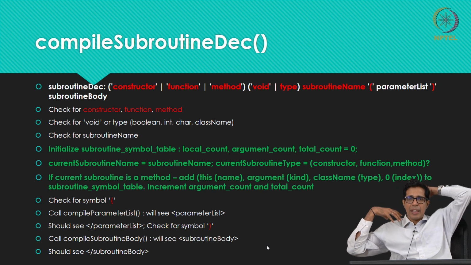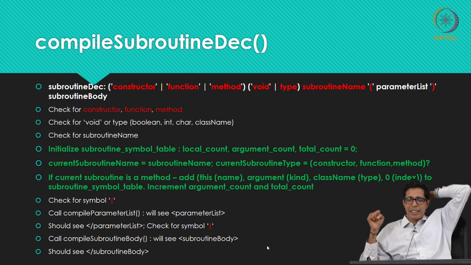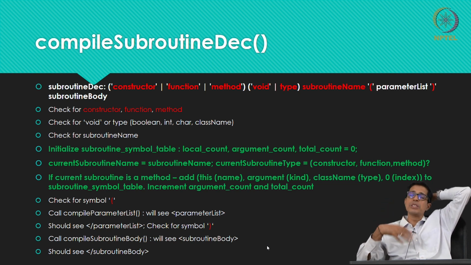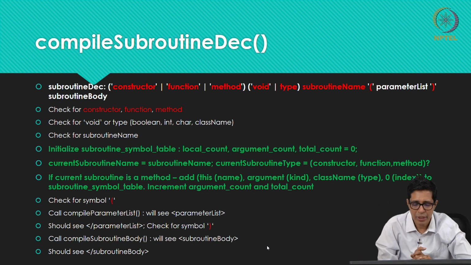If I am having a method, as we explained last time, if I am executing a method, then before that method is called, the argument 0 for this method would be the class to which this object to which this method belongs to, right.